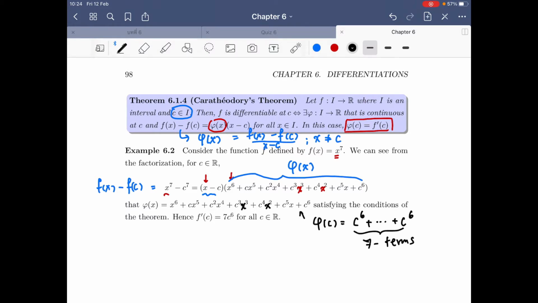So it means that you have f prime, which is phi at c, as 7c^6, for all c in the real numbers.